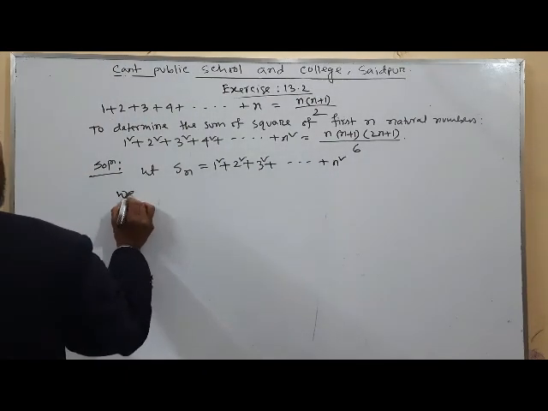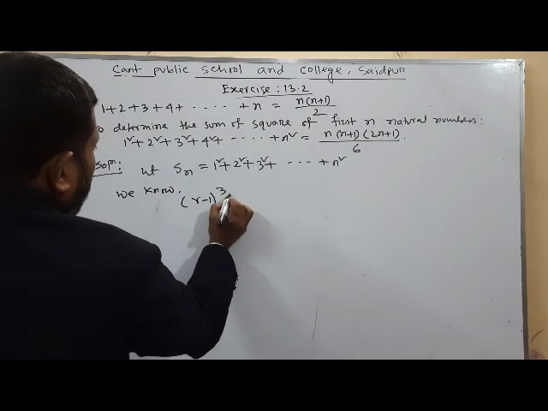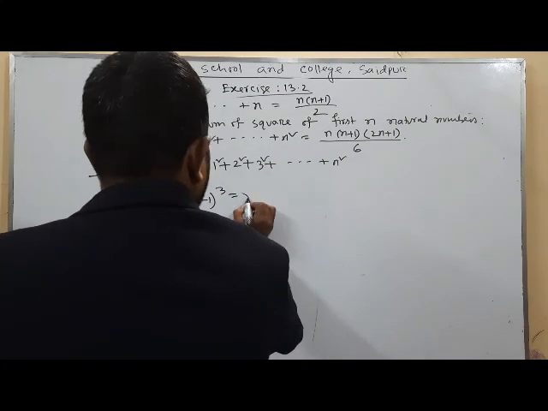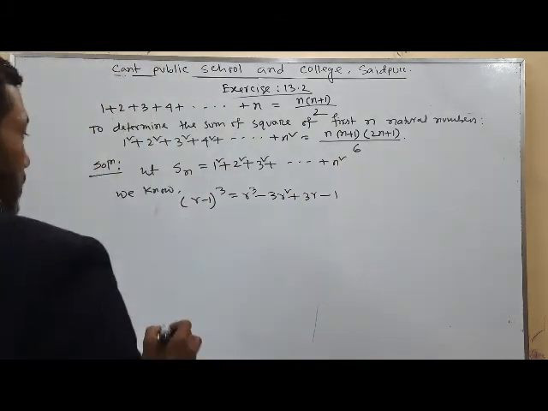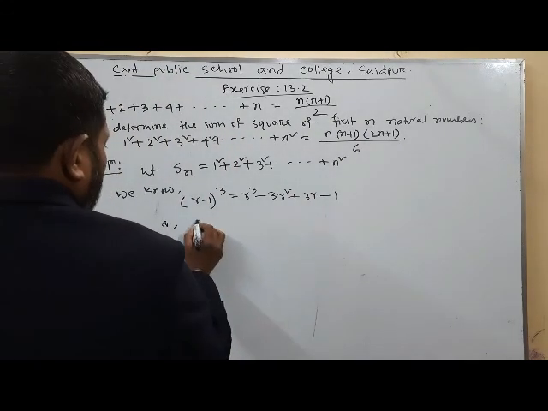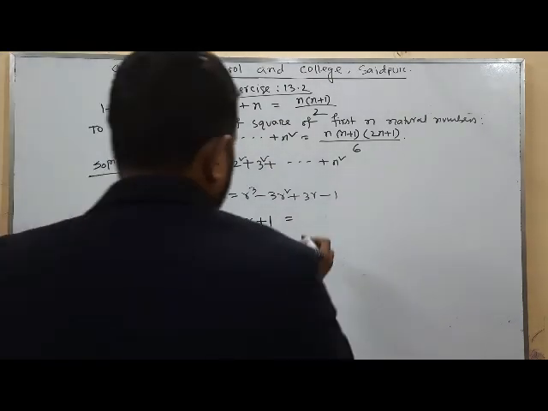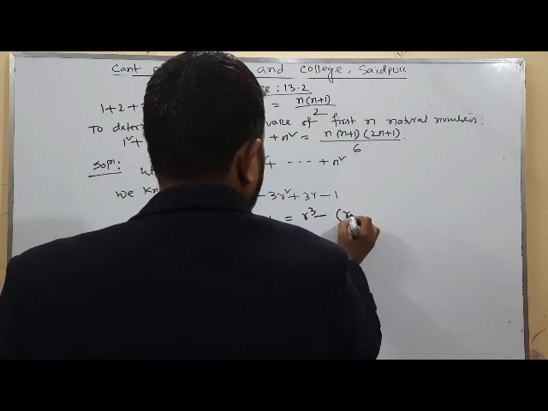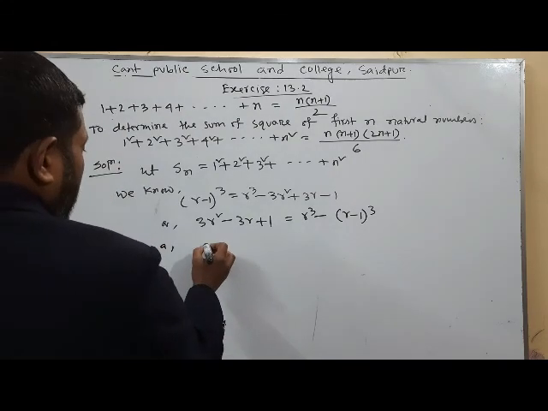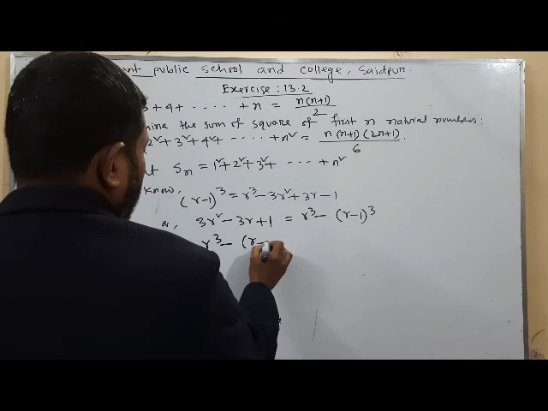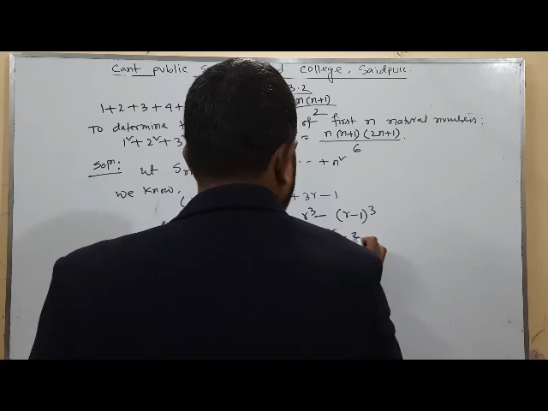We know (r minus 1) cube is equal to r cube minus 3r square plus 3r minus 1, or 3r square minus 3r plus 1 is equal to r cube minus (r minus 1) cube. Therefore, we can write here r cube minus (r minus 1) cube is equal to 3r square minus 3r plus 1.